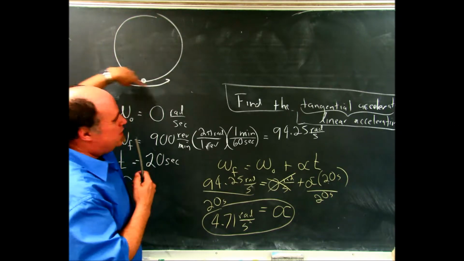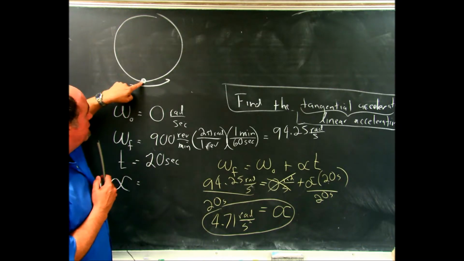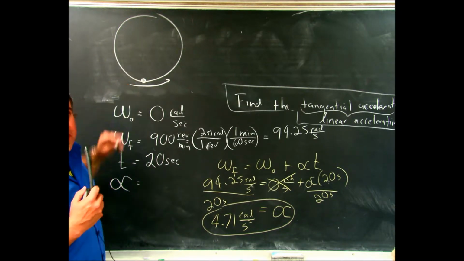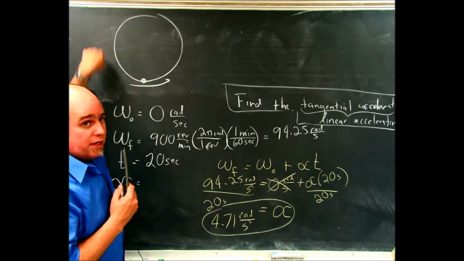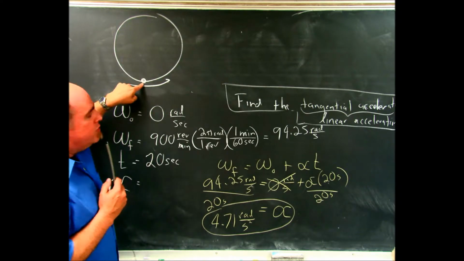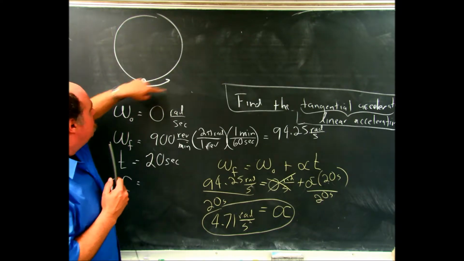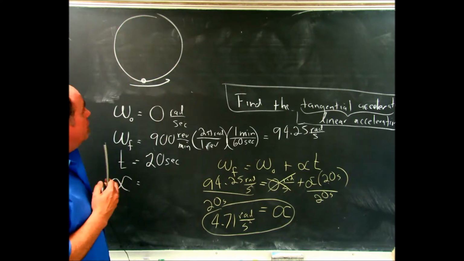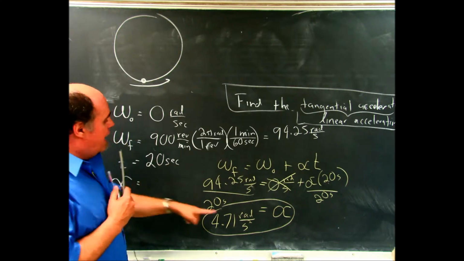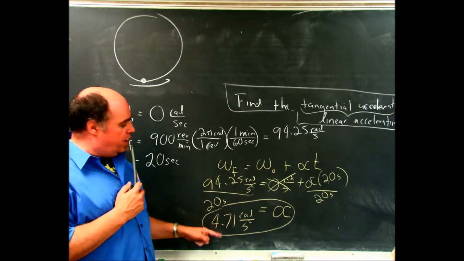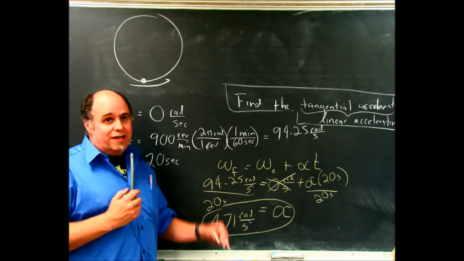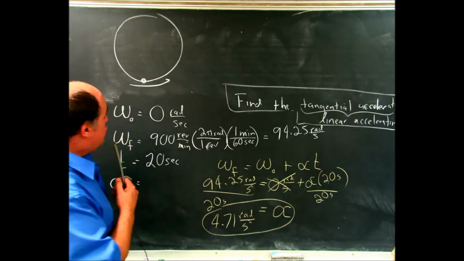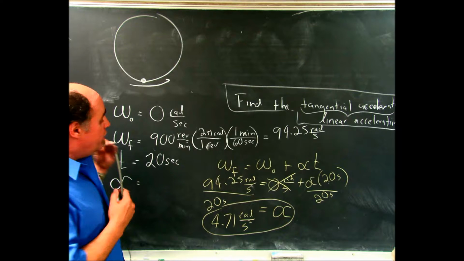Let's say it's a tire, and somebody has a little spot of paint on it. The tire starts to spin, and if it's not spinning too fast, you can actually see the little dot of paint moving in a circular fashion. So we would say that the angle here is increasing by 4.71 radians per second each second. So it has an angular speed, and that angular speed is increasing every second.